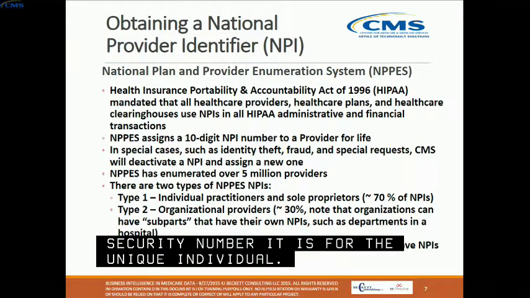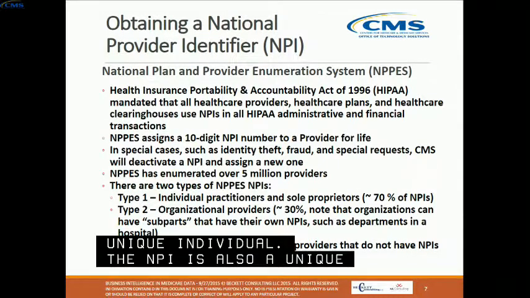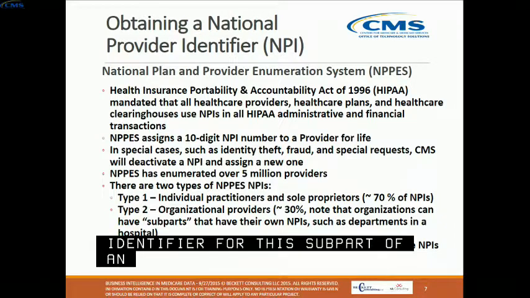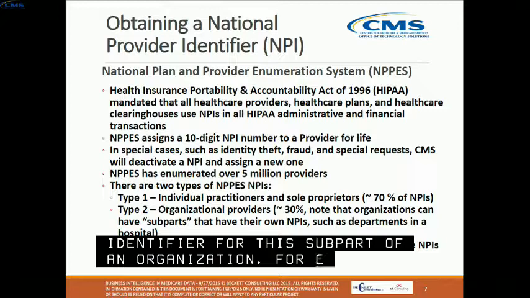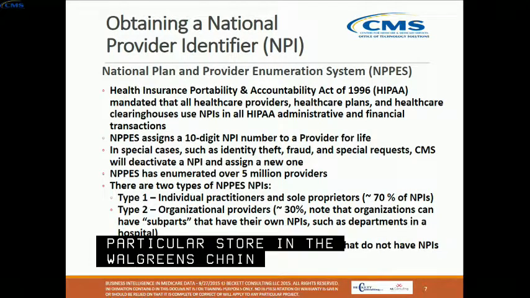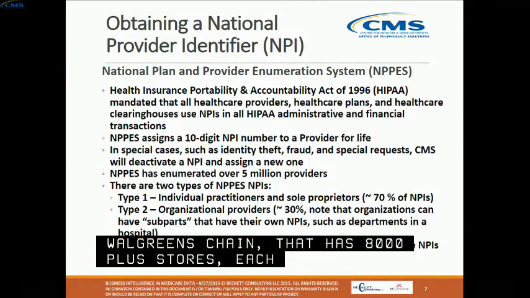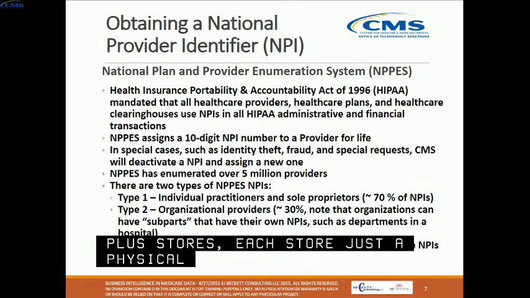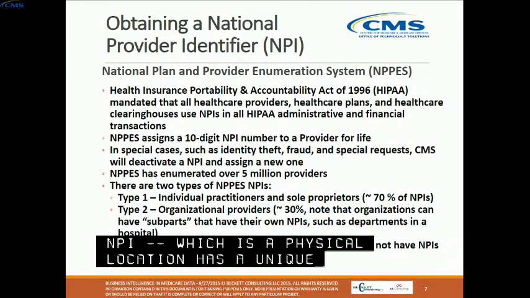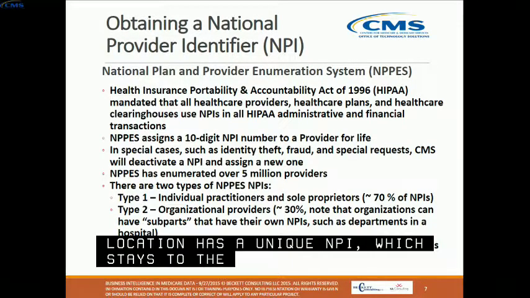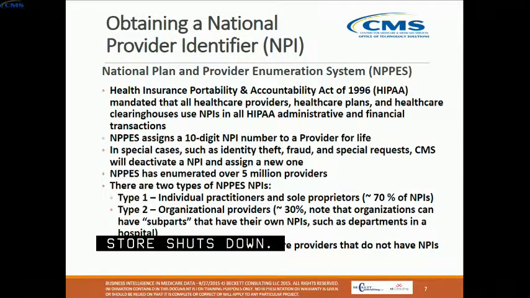So, for example, a particular pharmacy store in the Walgreens chain that has 8,000 plus stores, each store, which is a physical location, has a unique NPI, and that NPI stays with that store until it's shut down. Even if it was shut down and moved across town and Walgreens assigned it the same number, same identifier, in the Walgreens chain, it would keep its NPI if it was still the same entity.